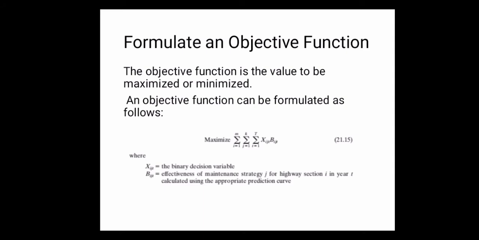For example, calculating the effectiveness of different courses of action over the next 10 years. An objective function can be formulated as follows, where x sub ijt is the binary decision variable and b sub ijt is the effectiveness of maintenance strategy j for highway section i in year t, calculated using the appropriate production curve.